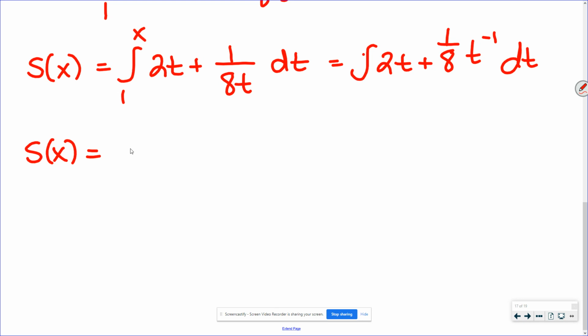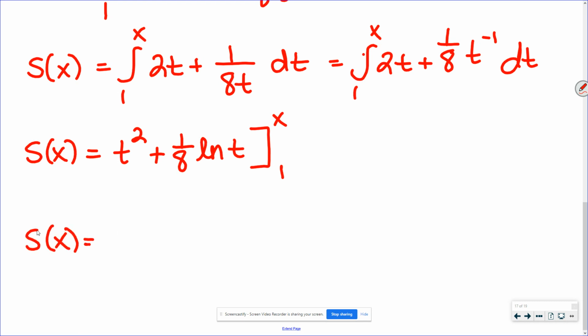All right, here we go. Finally to the integrating step. So integrate 2t, and you would get 2t squared divided by 2. So just t squared. Integrate 1 over 8t, and you're going to get 1 over 8 ln of t. Evaluating from 1 to x. And then we can plug in those values. So plug in x first.